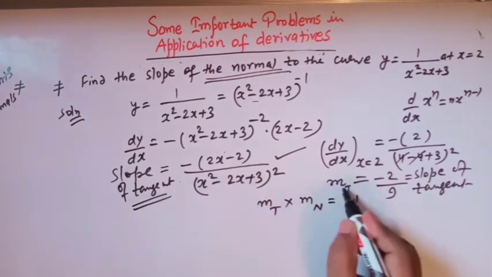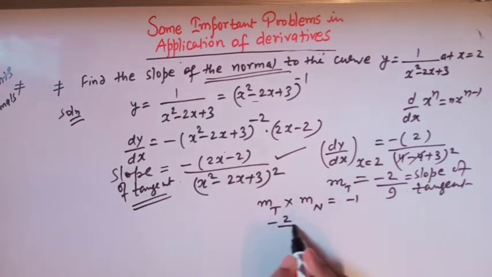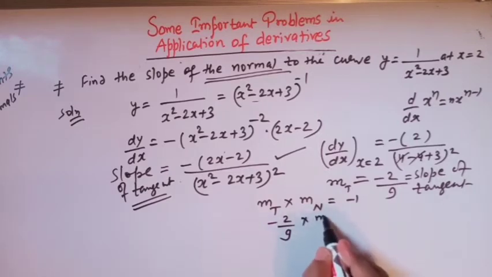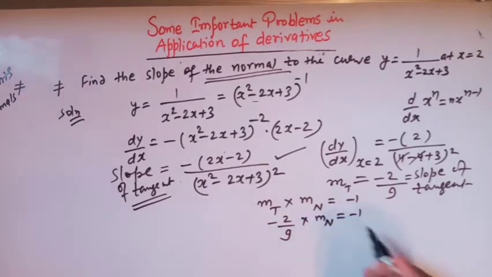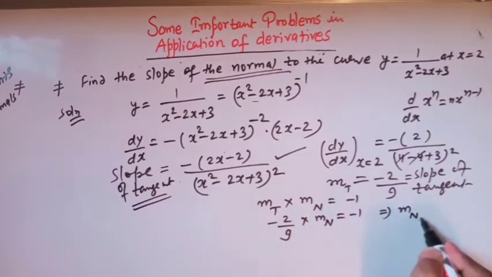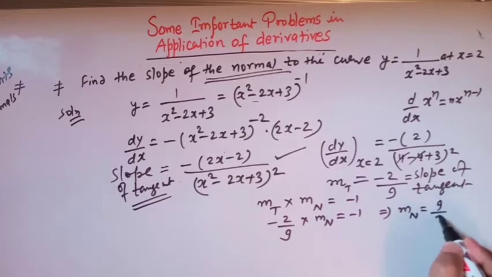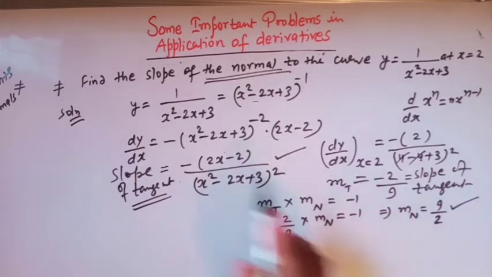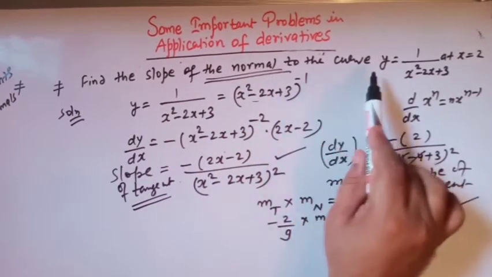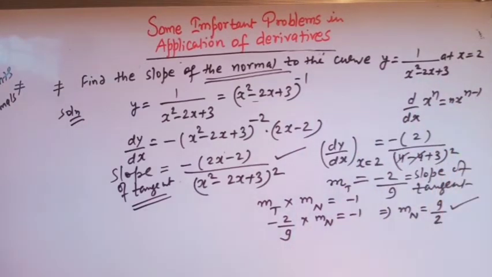So the slope of the tangent is minus 2 by 9, multiplied by mn equal to minus 1. So if we solve it, we get mn is equal to, minus and minus get cancelled, so we have 9 by 2. So this is the required slope of the normal to this curve at x equal to 2.